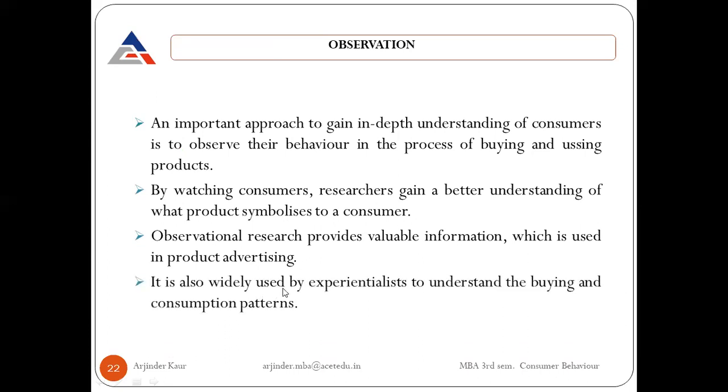It is also widely used by experientialists to understand the buying and consumption pattern of people. This observation can be done with the human eye. A person can sit outside a shopping mall and observe the behavior of people who are coming to that shopping mall for shopping.